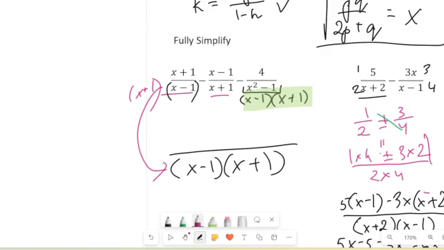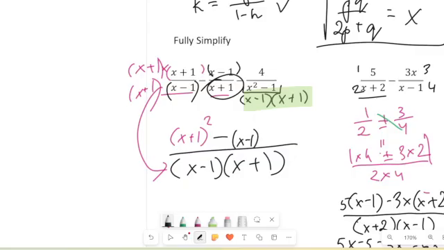So I do the same to the top, x plus 1, and that gives me x plus 1 squared. Then minus, for this one, I multiply it by x minus 1. So I do the same to my top, and that will give me x minus 1 squared.